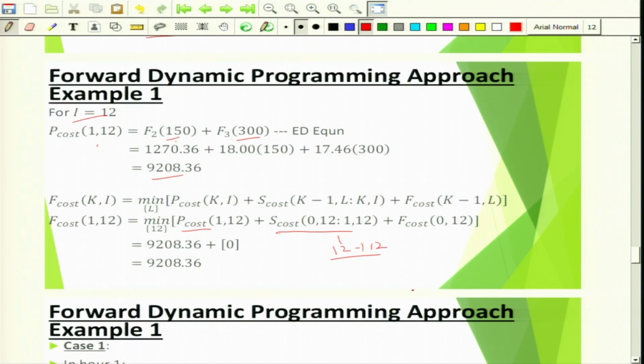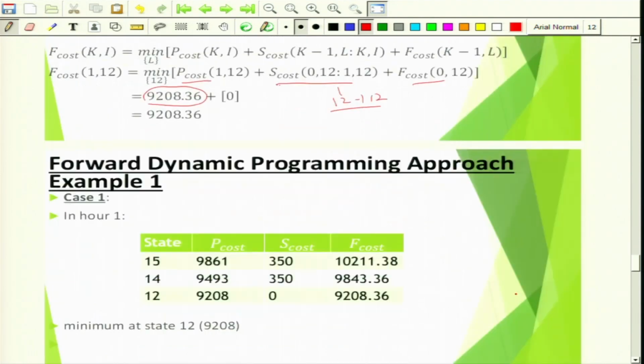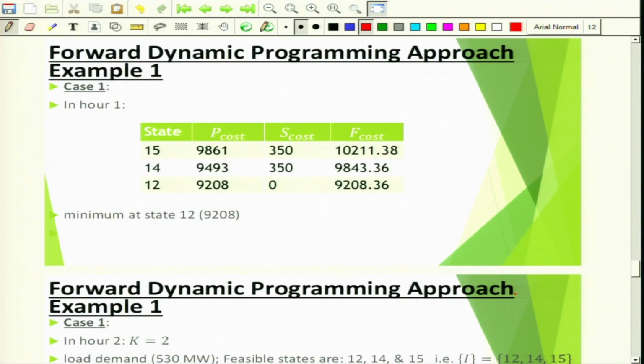So there is no startup cost, the system remains as it is, and the fuel cost of the previous state is also ignored. So you get just this production cost as the fuel cost at combination 12 for the first interval. Now you get a table for hour 1, for 15, 14, 12, with the production cost, transition cost, and total fuel cost. Among them, which one is the cheaper one?